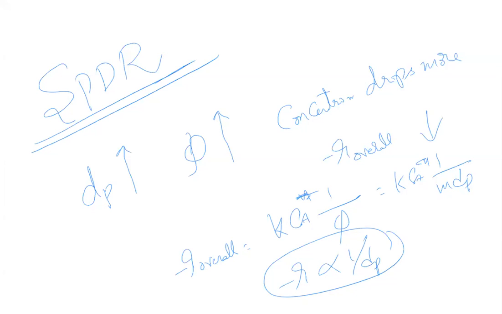Suppose I have an ammonia catalyst, when I make small pellets of, let's say, 1 mm diameter, my Thiele modulus turns out to be 0.1. When the particle diameter is low, what is the advantage? The positive point is phi is less.